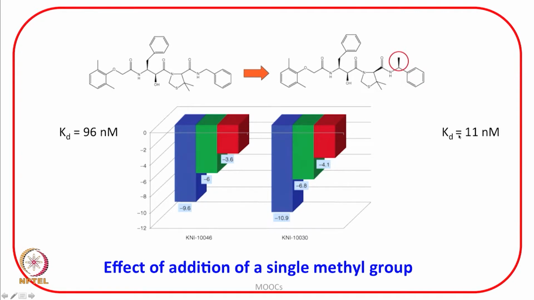The lower the value of Kd, the higher is the binding affinity. That means the substitution or addition of a methyl group has increased the affinity by almost a factor of 9. Kd has gone down by a factor of 9 means Ka has gone up approximately by a factor of 9.